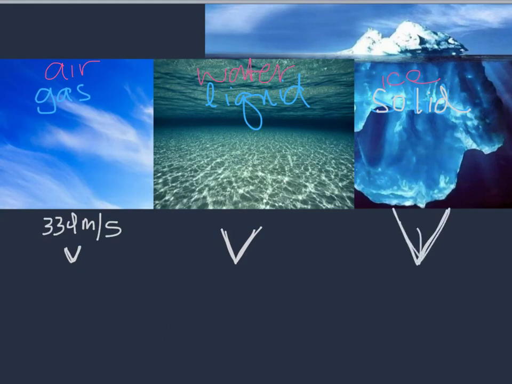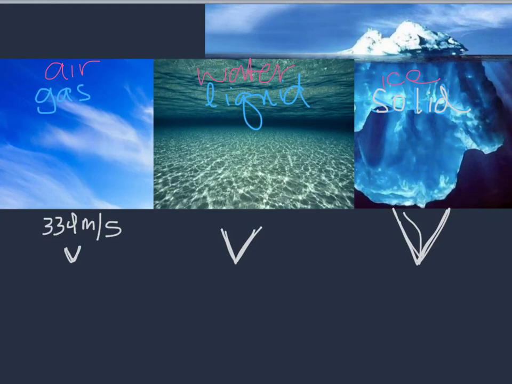Okay, so in air, we know that the speed of sound is roughly 334 meters per second. So what that means is that speed, we're going to call that V, will get bigger in liquid, and it will get even bigger in solids. So it increases as you go along.